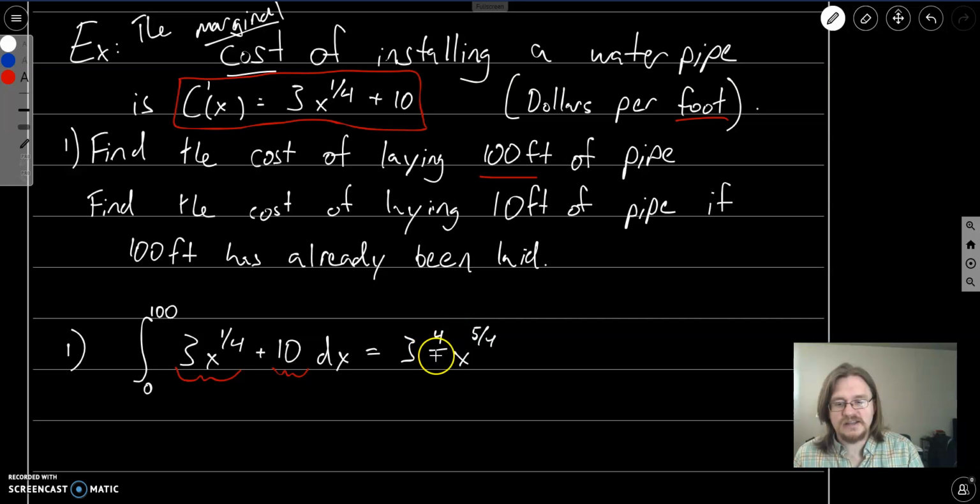If we're dividing by 5/4, we're multiplying by 4/5. Secondly, we add the antiderivative of 10, which I can think of as 10 times x to the 0 power, so it becomes x to the 1st power divided by 1. Cool. We've taken the antiderivative of both, and now we plug in our bounds.